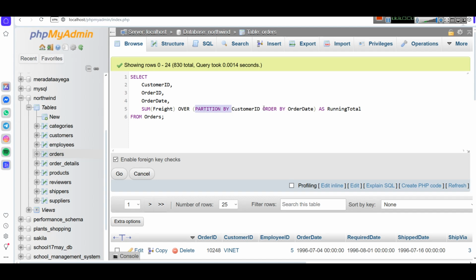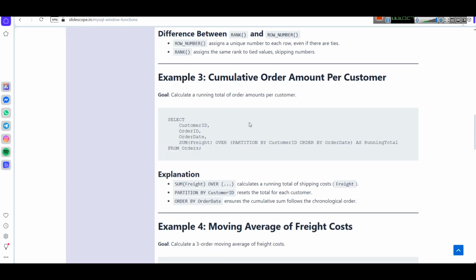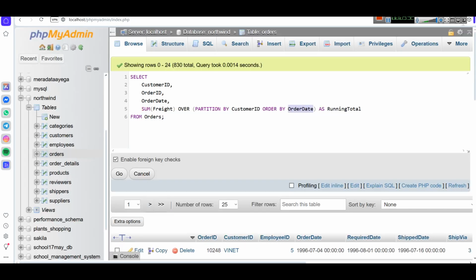In the brackets we then write order by order date, because the question asks for the running total of order amount per customer. We are ordering by order date so that for every date, from the first date till the last date, we get the running total. So first let's run the command.